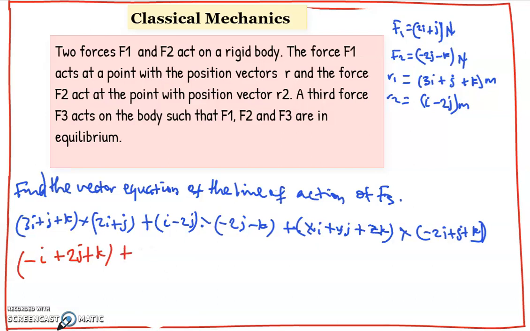Add this up, you get 2i plus j minus 2k, plus we will have y minus z i, plus negative 2z minus x. We are trying to multiply this component xi, yj and zk.